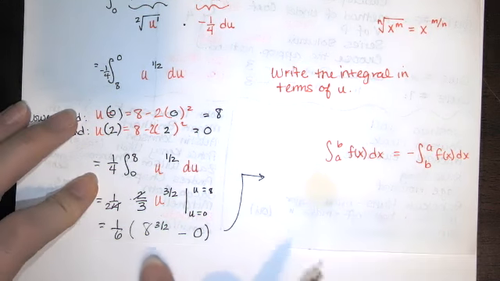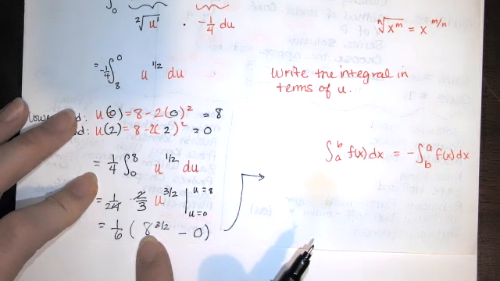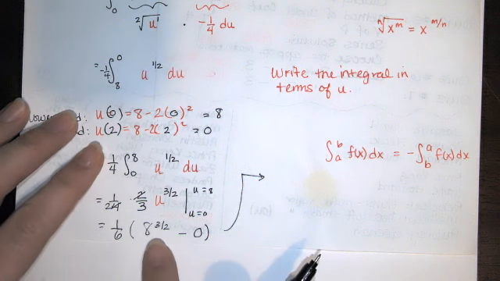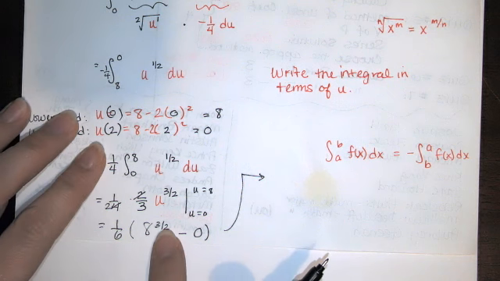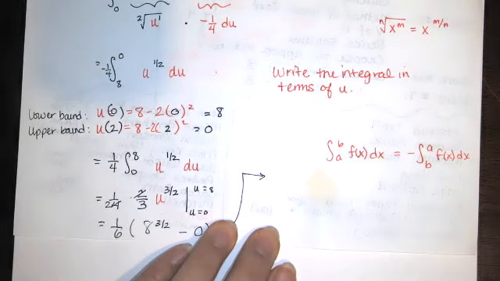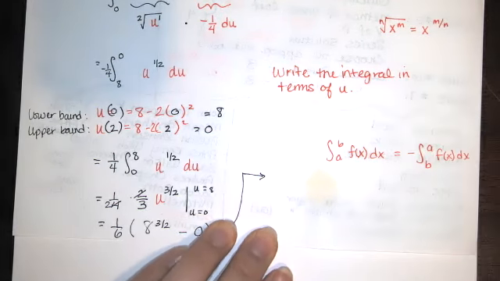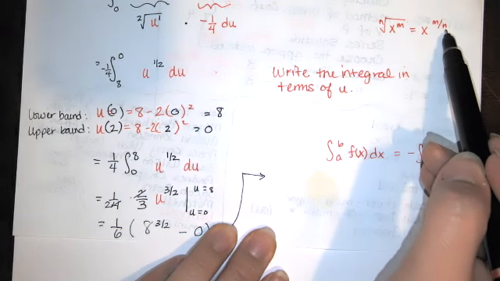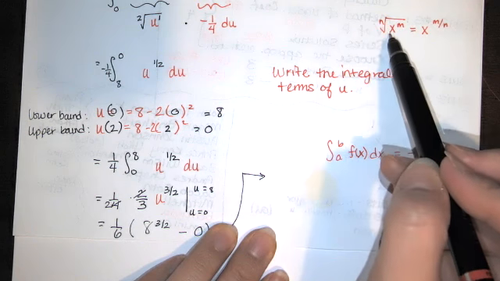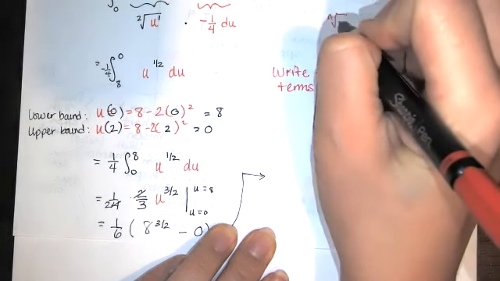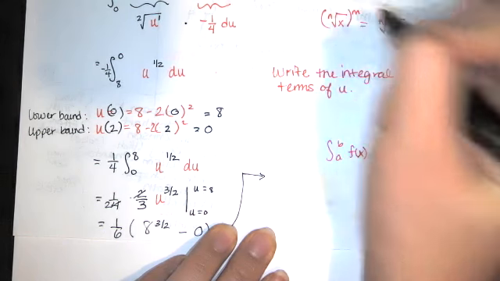Now, if you want to evaluate this, there are a couple of ways that you can do it. What I would recommend in this case is to take the square root first and then cube it. Because remember, a number to the m over n is the nth root of that number to the m, or it can be written as the nth root of the number, all raised to the m.